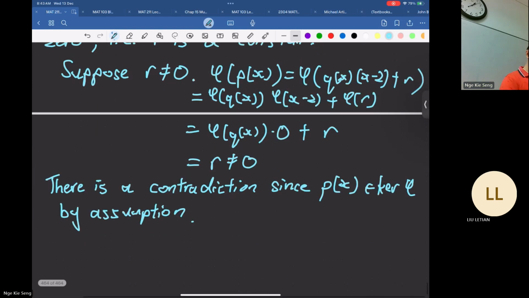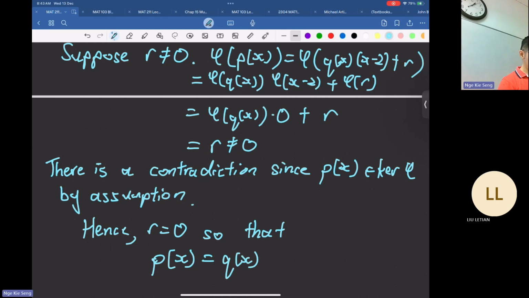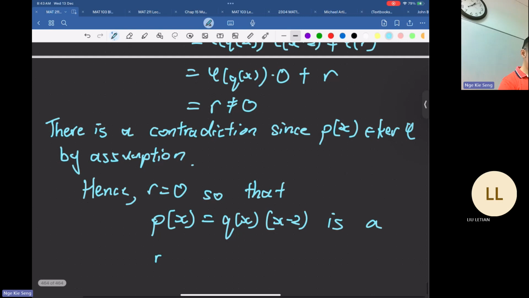Hence, R must be 0 so that P(X) equals Q(X) times (X minus 2), a multiple of X minus 2. Okay?